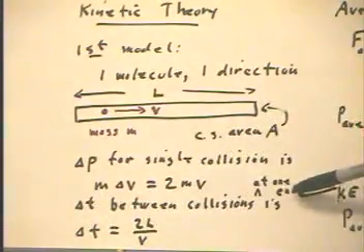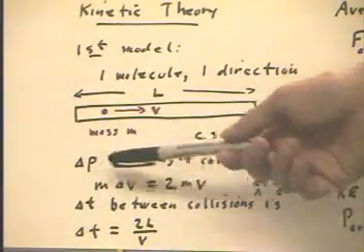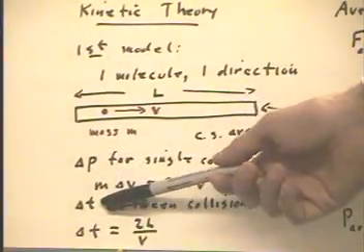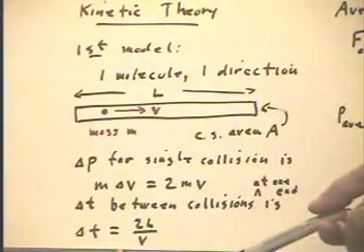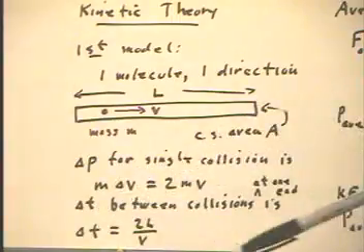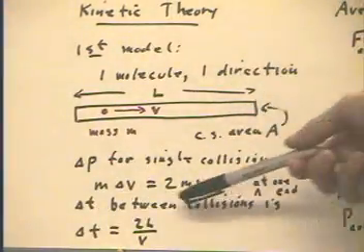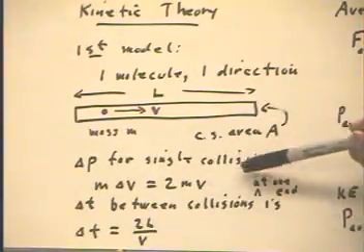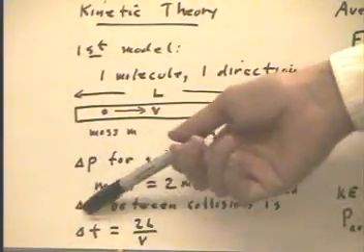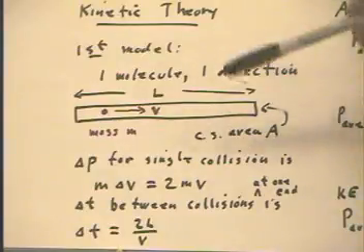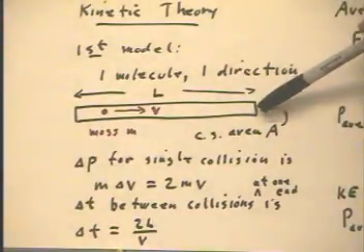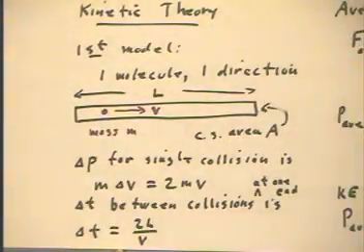Okay, the delta T between the collisions. We've got our delta P, we've got to divide by a delta T. And for delta T, we're going to use the time between collisions. We could use any delta T we wanted to. We could use an hour if we wanted to, but we're just going to use the convenient delta T that's the total time between collisions with an end of the cylinder.